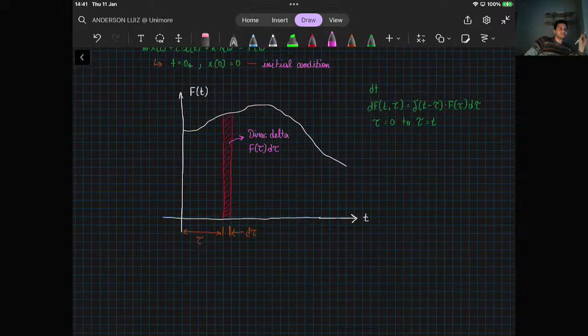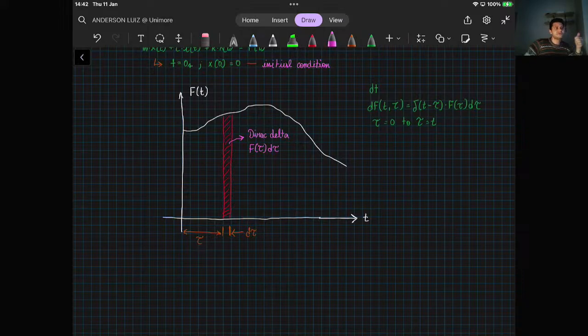Therefore, the response of the oscillator to this portion of excitation is the response to the unitary impulse with the amplitude f(tau) d tau, shifted in time to t equal tau.